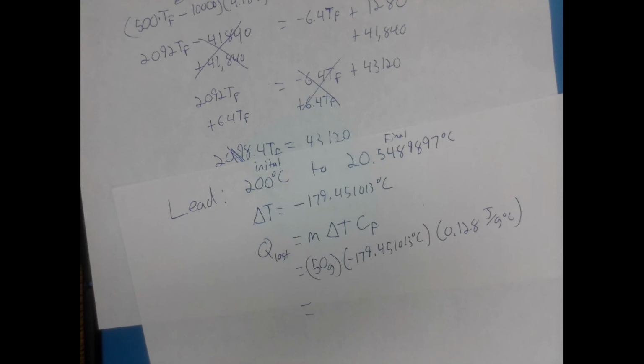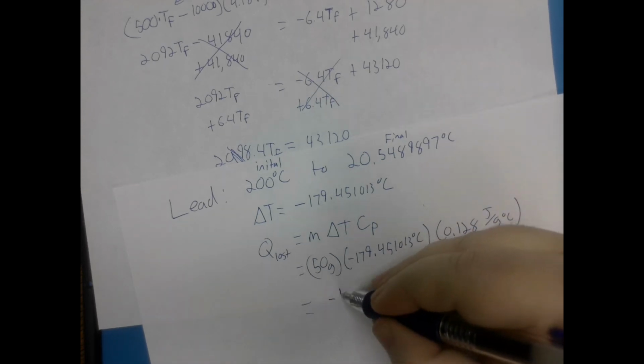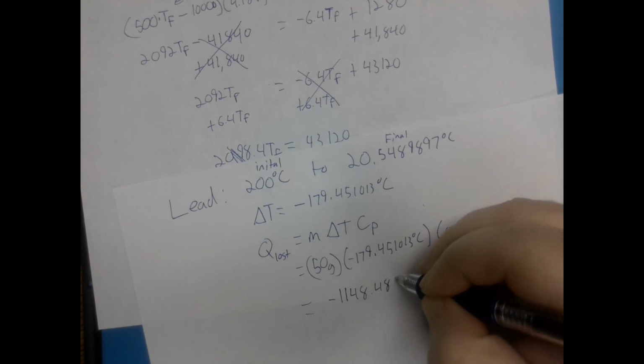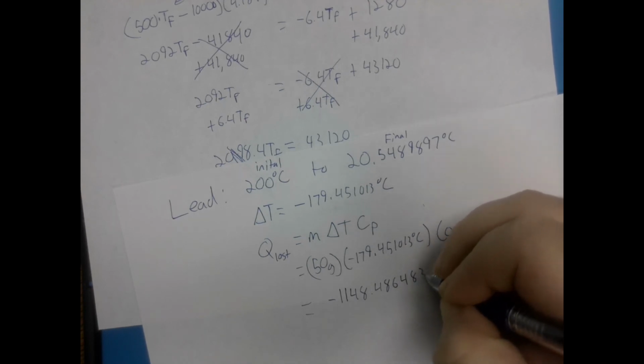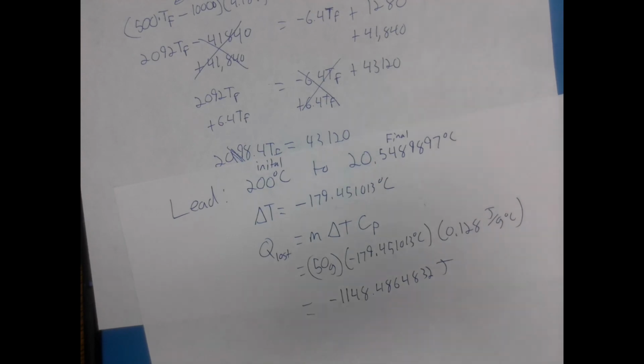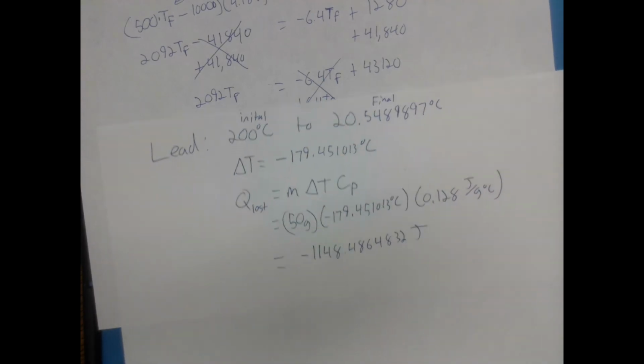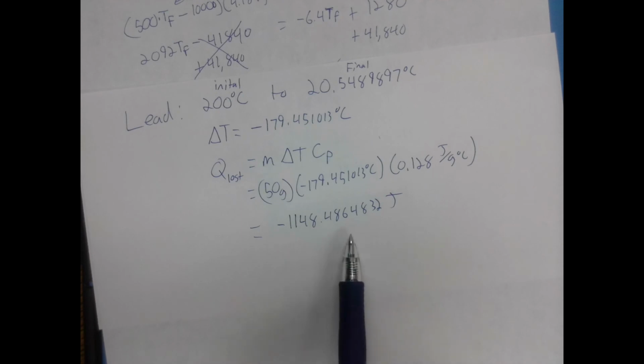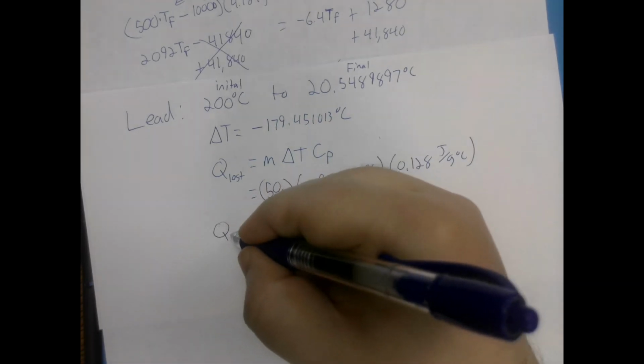So the amount of energy lead lost is negative 1,148.4864832 joules of energy. Right? So it went down by this temperature, and that's how much heat was lost by the lead.